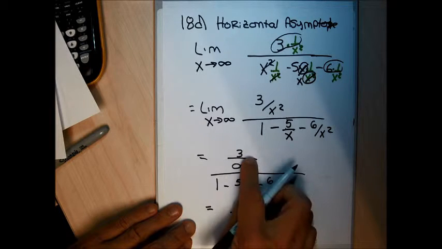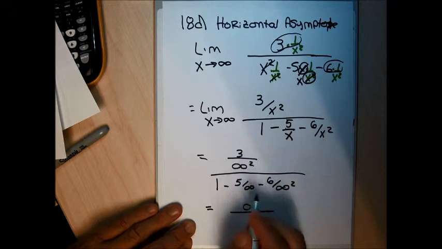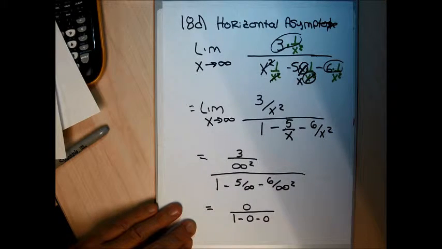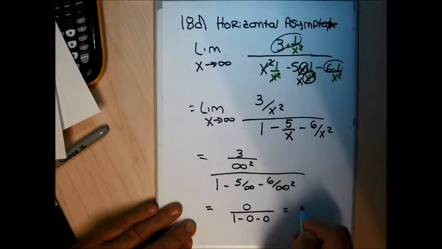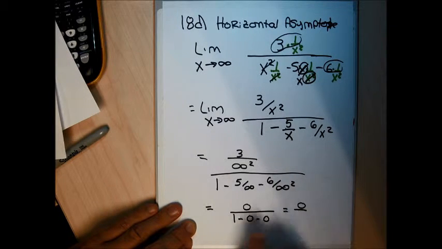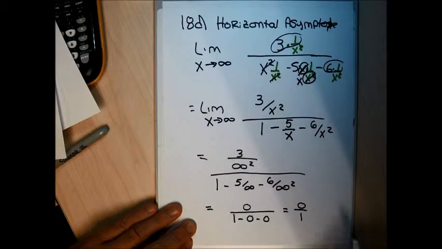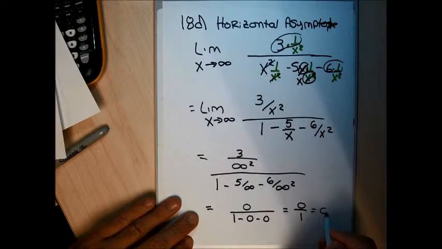So the numerator is going to have a 0 in it from the 3 over infinity squared. The denominator is going to have a couple zeros in it from the minus 5 over infinity and minus 6 over infinity squared. If I simplify this, the numerator is just the number 0. The denominator, 1 minus 0 is 1. And any fraction with 0 in the numerator is equal to 0.